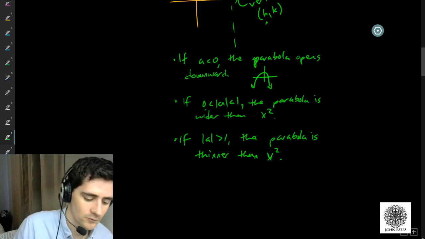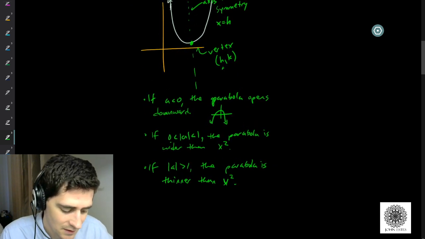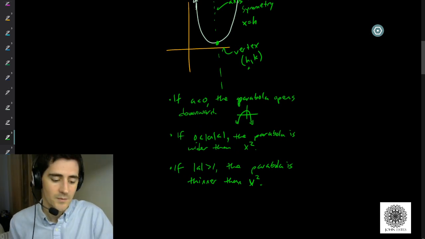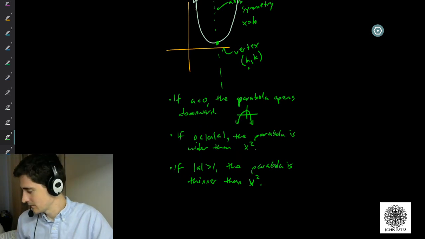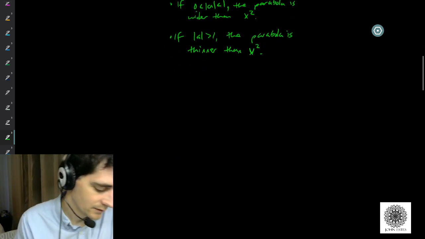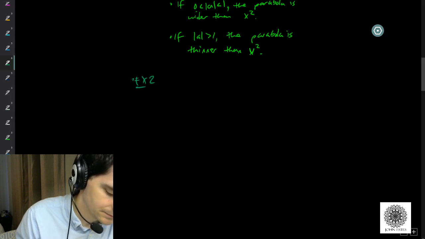So these are kind of our rules for parabolas. What do we have? We have an axis of symmetry, a vertex, and then we see the leading coefficient has these properties that help us figure out how the graph goes. So why don't we do all this together and try to graph. Here's my example. Example 2.